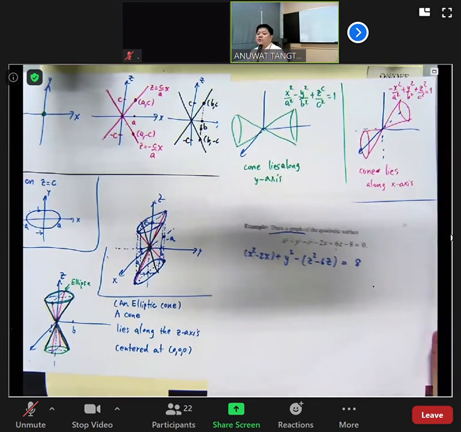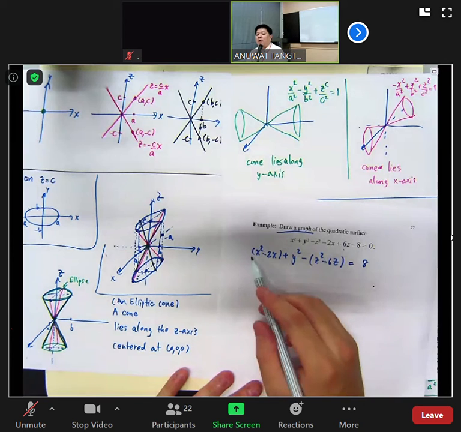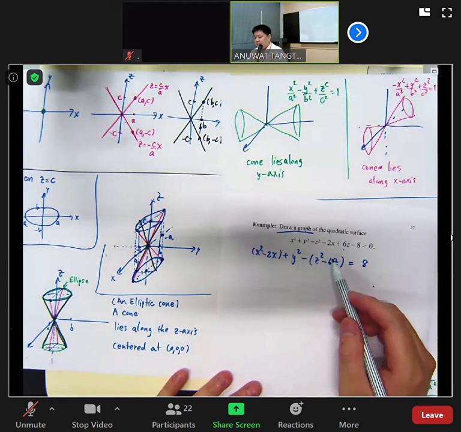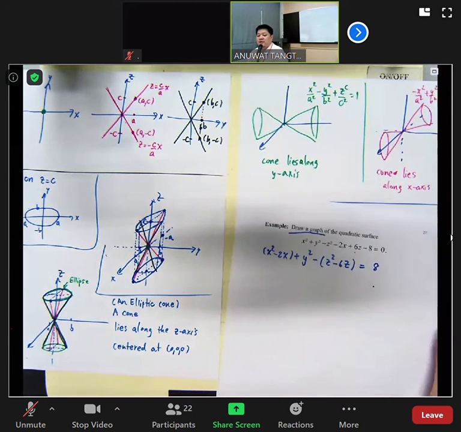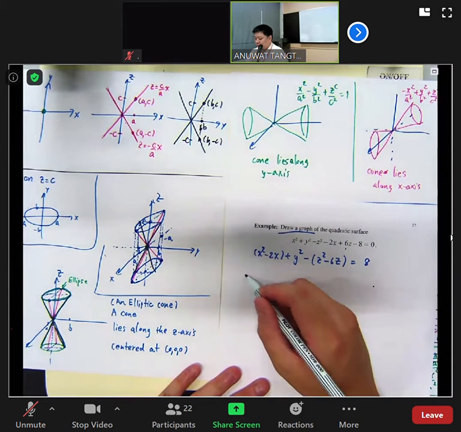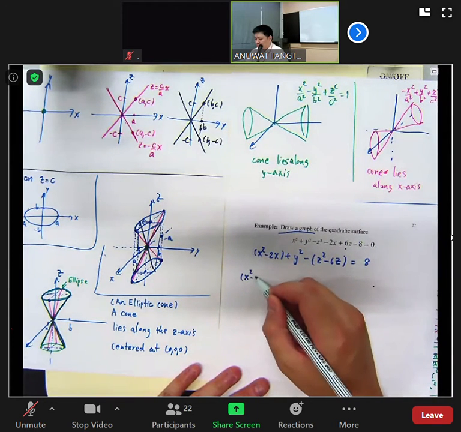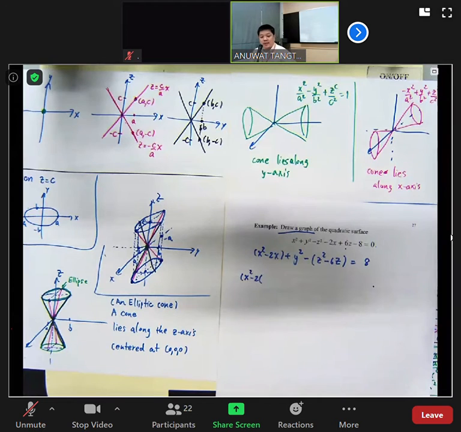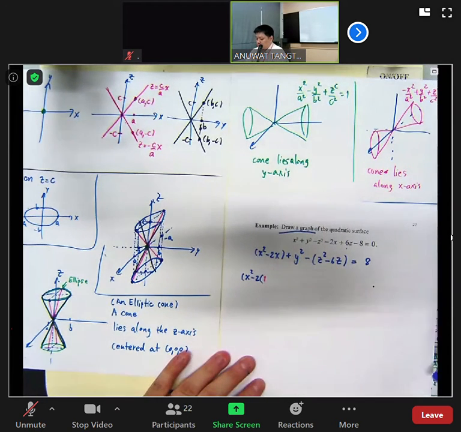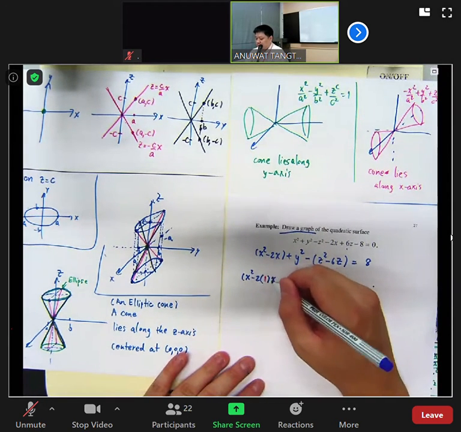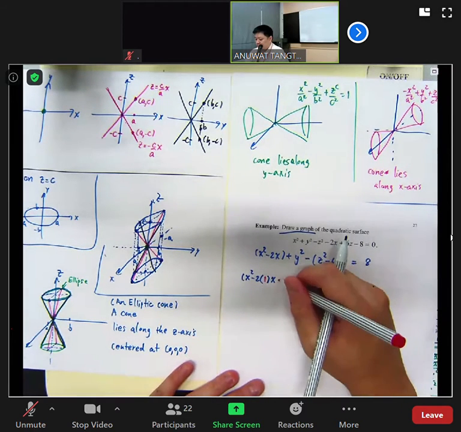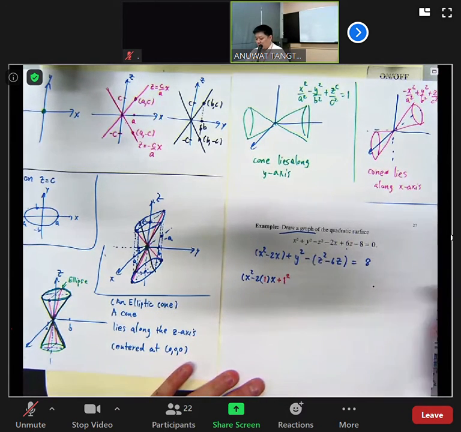And then we do the square completion of each of these terms so that we can get the new center for the surface. So the first one here, 2x can be written as 2 times 1 times x, and then to do square completion, we need to add 1 squared to that term.